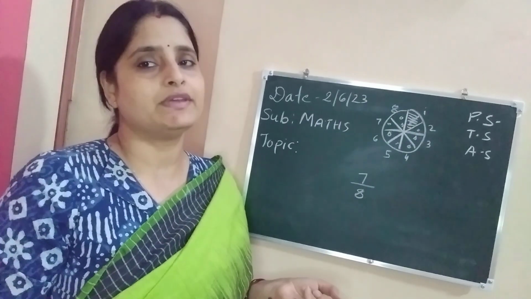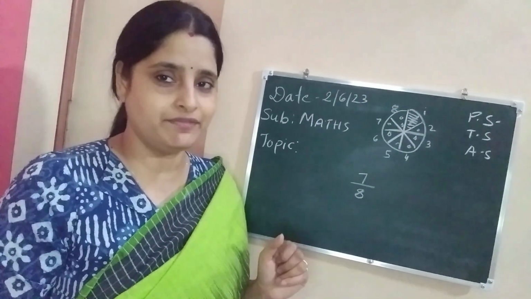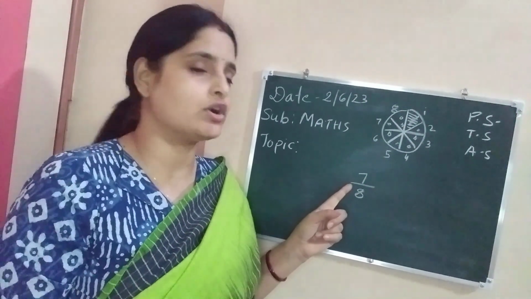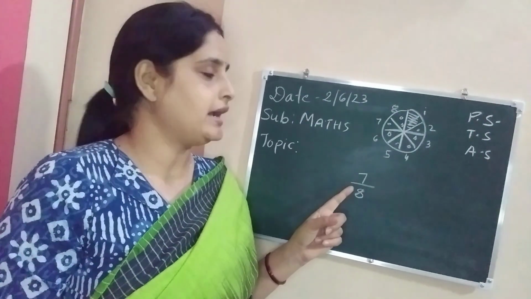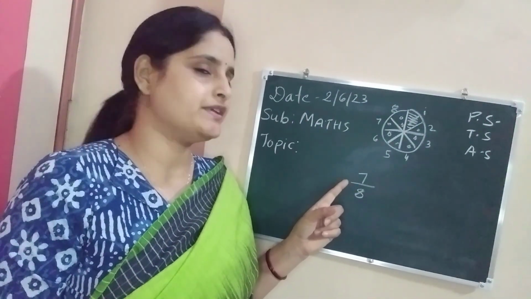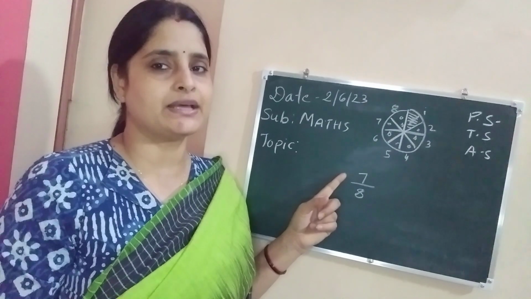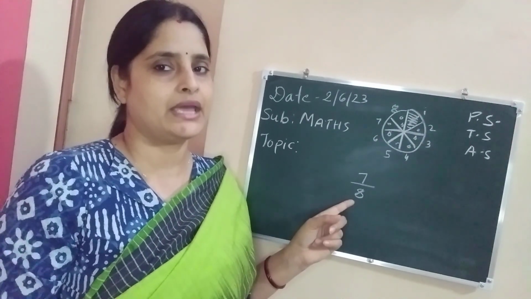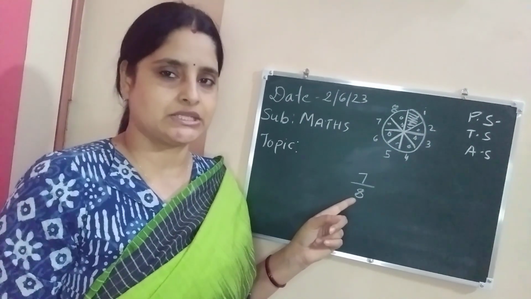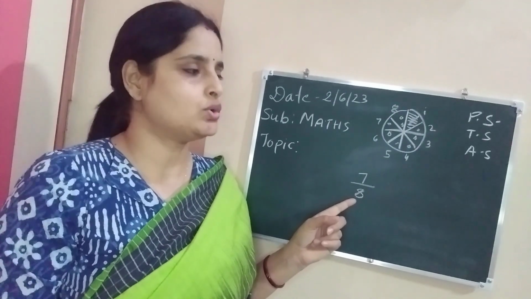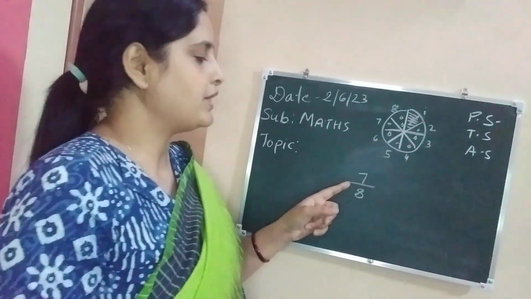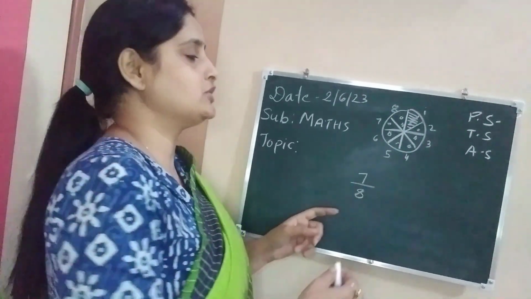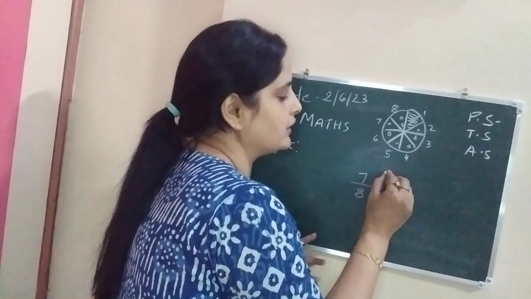I know in your previous class you have already learned about division, and this is called the division line, and above the division line we will write the number 7 and below it 8, right? The number which is above the line is called the numerator.